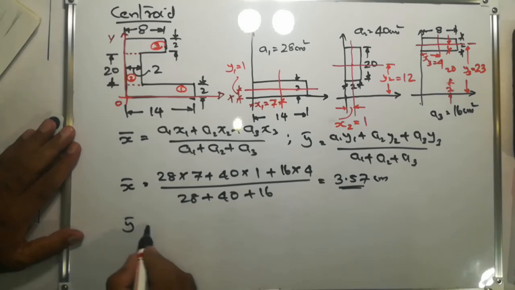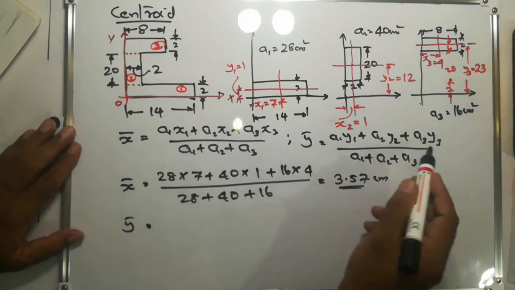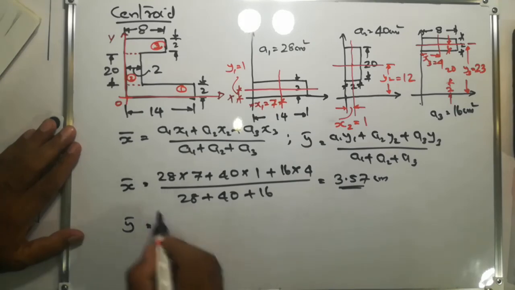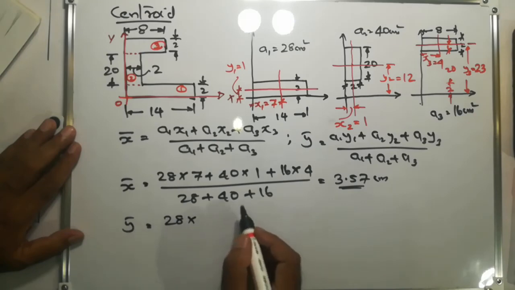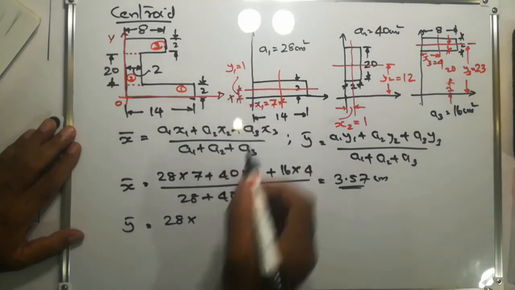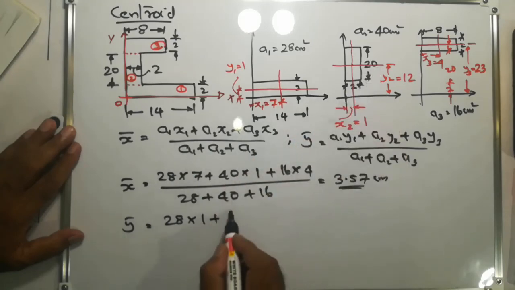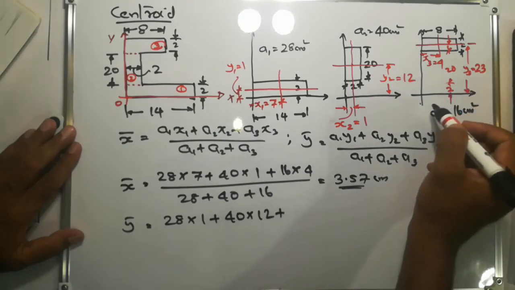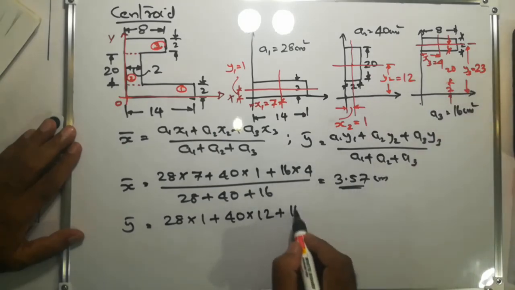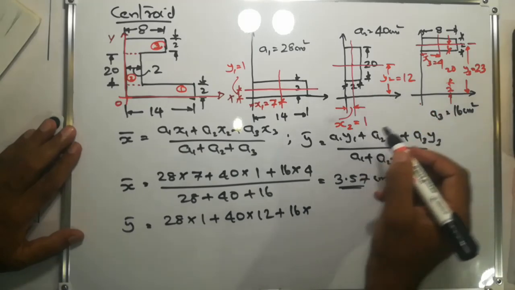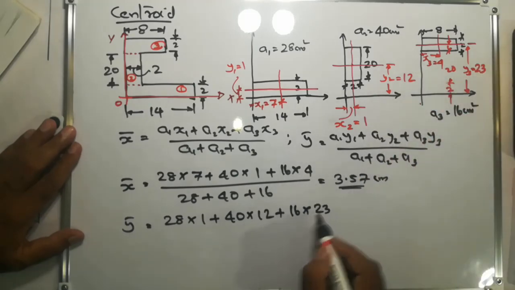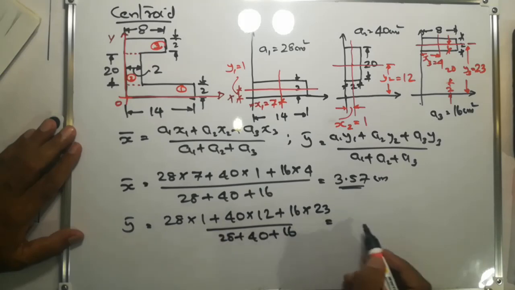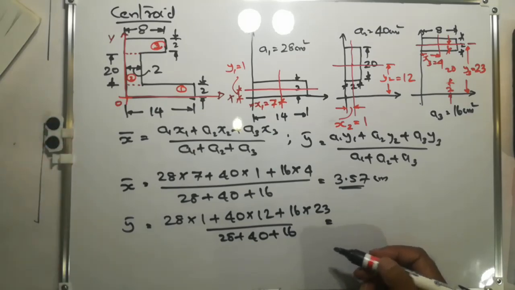Similarly, y bar equal to A1 y1 plus A2 y2 plus A3 y3 divided by A1 plus A2 plus A3. So A1 is 28, y1 is equal to 1, plus A2 is 40 into y2 is 12, plus A3 is 16 into y3 is 23, divided by 28 plus 40 plus 16. This will give you y bar equal to 10.43.